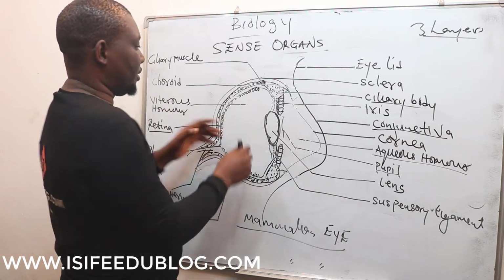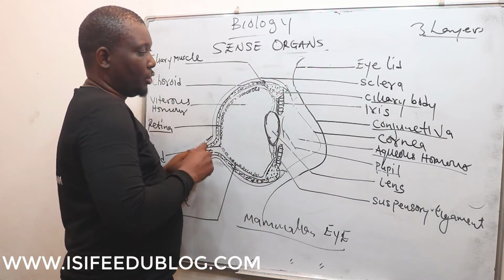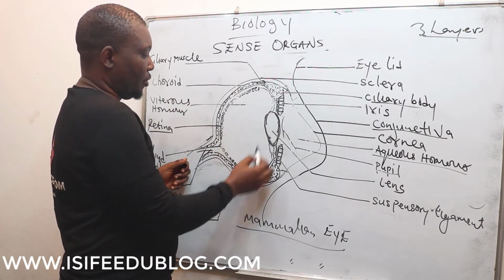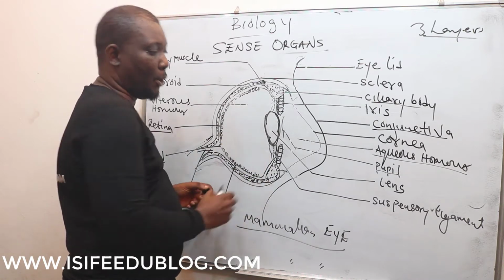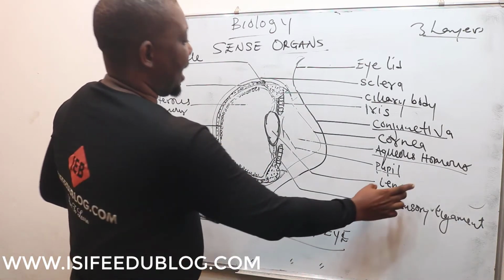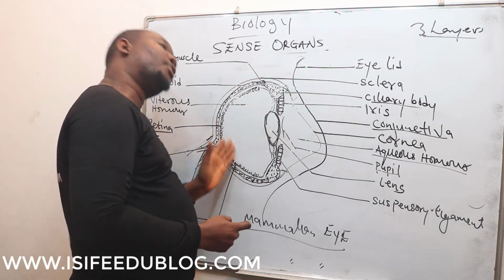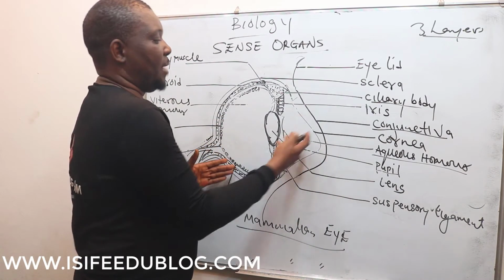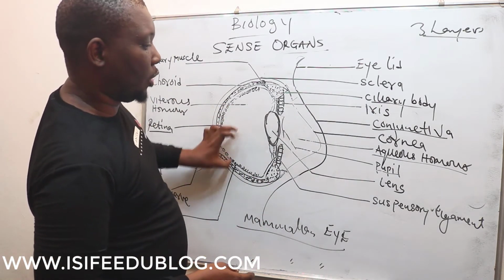Then the vitreous humor is a semi-solid that gives shape to the inner eyeball. And then the lens helps to separate the aqueous humor from the vitreous humor. It also helps in focusing light to fall on the retina.